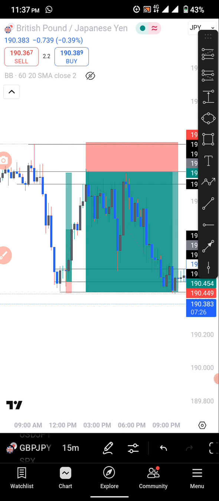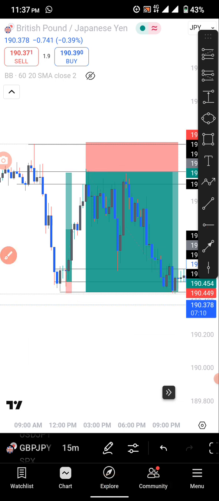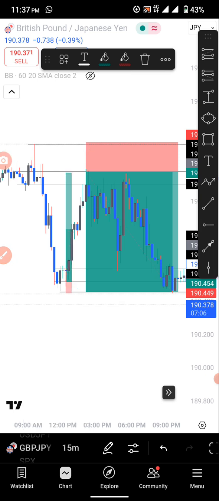Yeah, we bought from here as you saw to this area, then we still sold to this area. Simple as that. One day you make some money. You see the risk to reward is not bad.